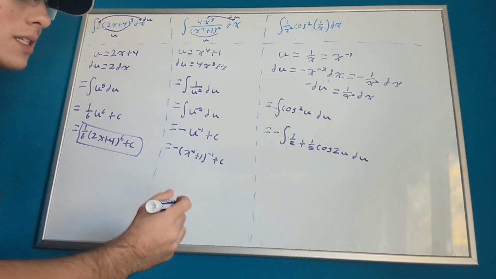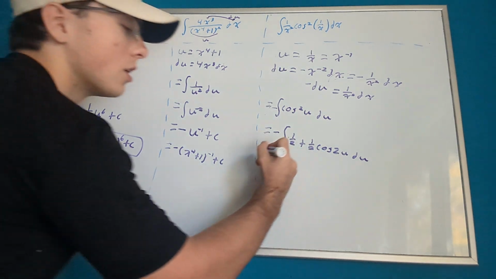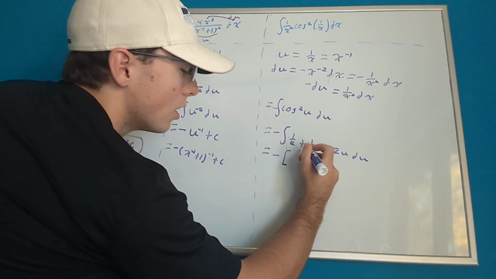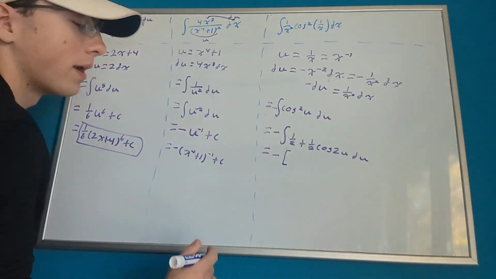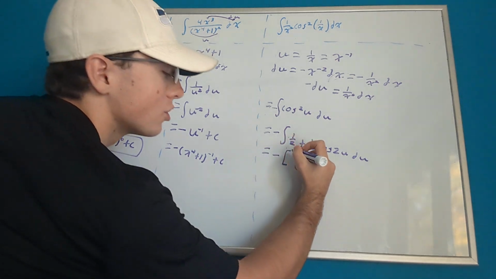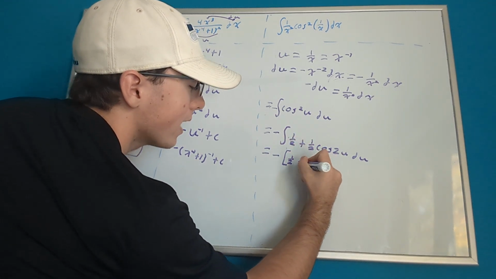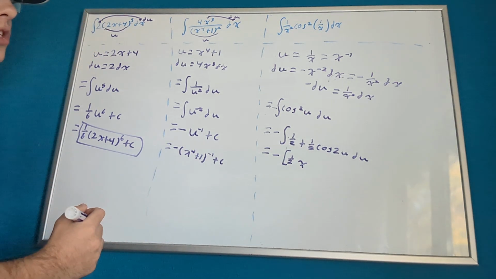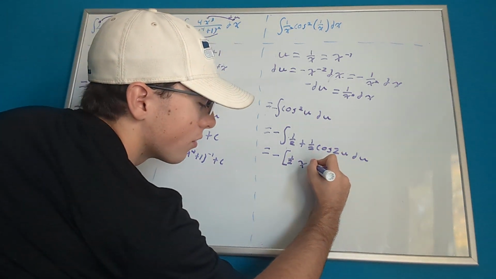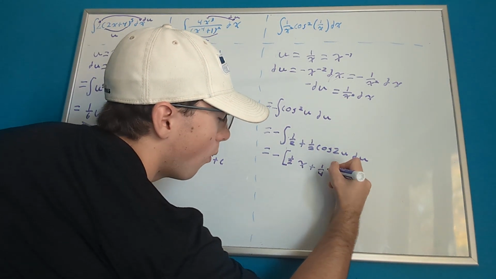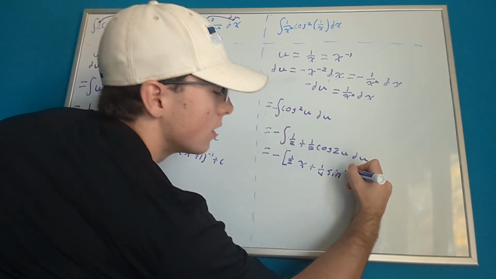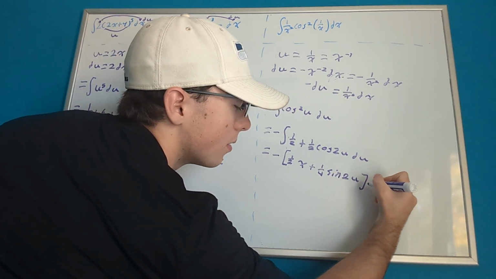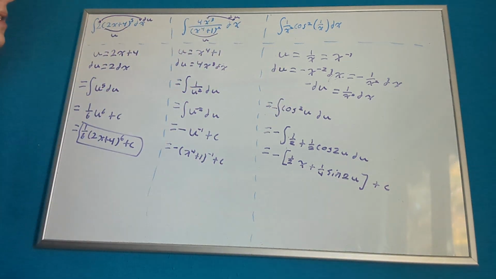So now this is a lot easier for us to evaluate. So this will become negative, we'll put the negative out here, the integral of 1/2 is just 1/2 u, right? Now, this is a little trickier. 1/2 cosine 2u, right? The integral of that is 1/4 sine 2u, right? And then put it around that, and then we have plus c, right?